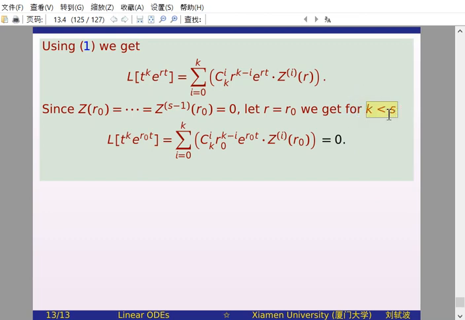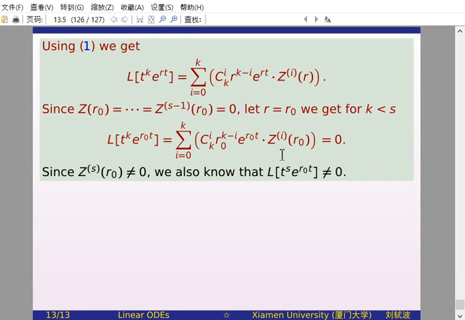How about k equal to s? For k equal 0, 1, 2, until s minus 1, the results are all 0. How about when k is s? When k is s, this summation will contain i equal to s. If k is s, then the last term of this summation is i equal to s.